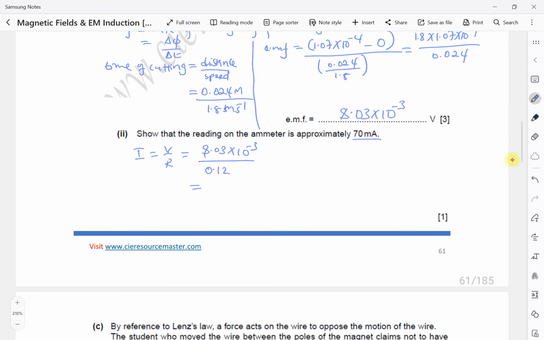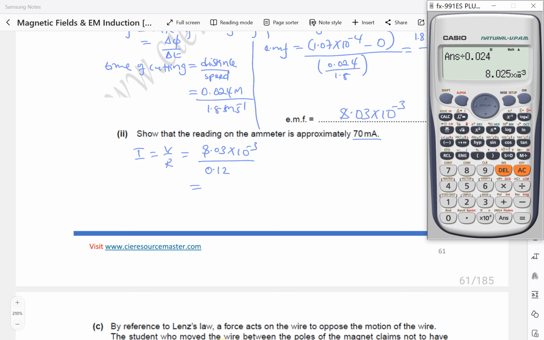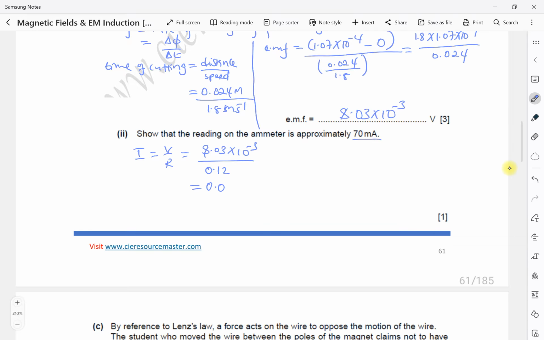So this is equal to that answer divided by 0.12, which is 0.0669 amperes.